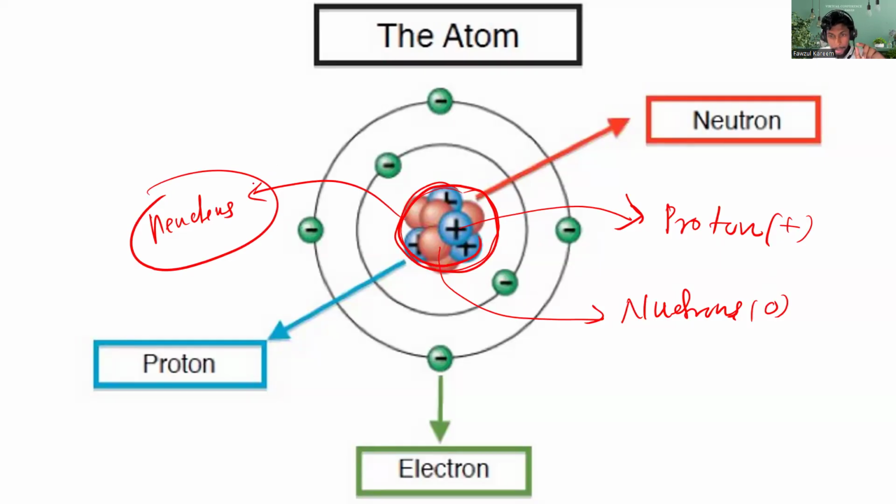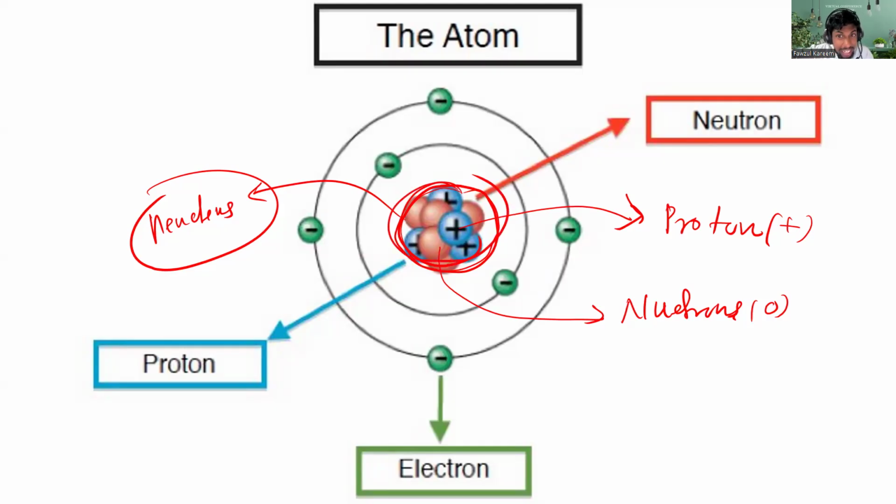The electrons revolve or rotate around the nucleus. He compared this setup to the solar system. I'll explain that, but just try to get the idea now. We have the nucleus, and around it the electrons are revolving.